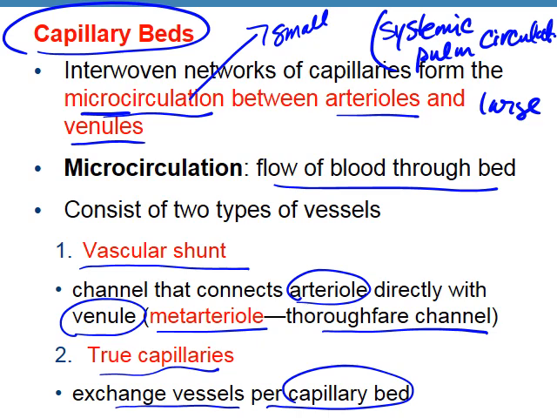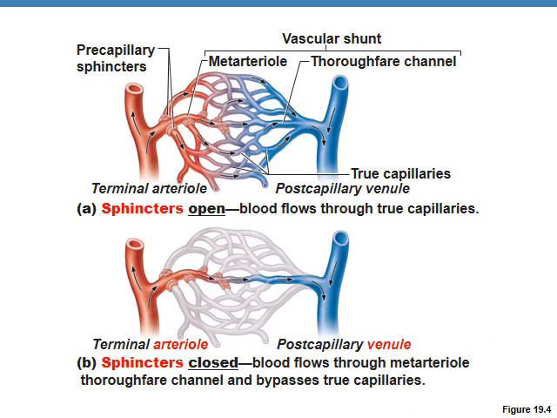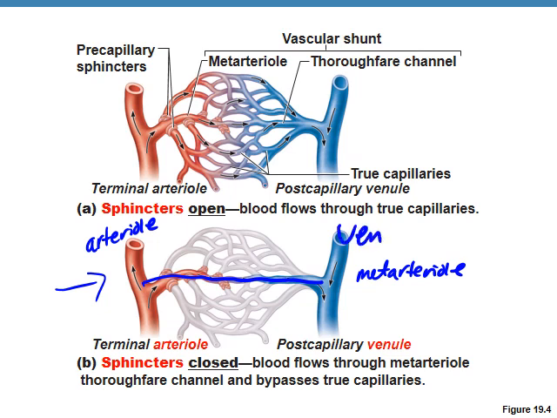So let's look at the picture. So here, let's do this one down here at the bottom. Can you see how the arteriole has only one meta-arteriole, and it goes directly to the venule.